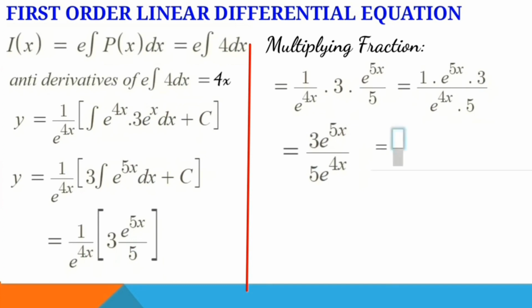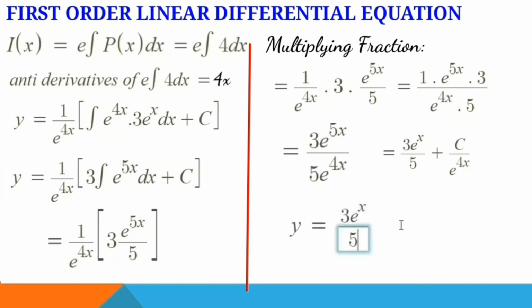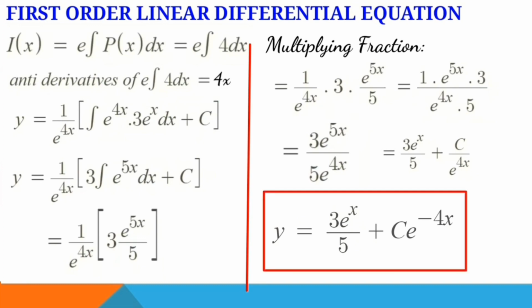So now we have 3e raised to x over 5 plus c over e raised to 4x. And our final answer, y is equal to 3e raised to x over 5 plus ce raised to negative 4x. And that's my final answer.